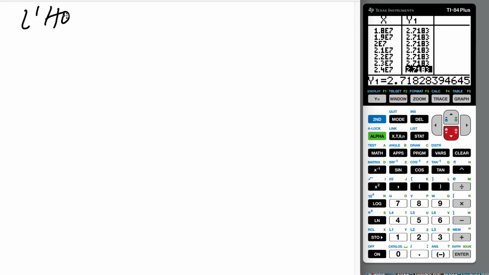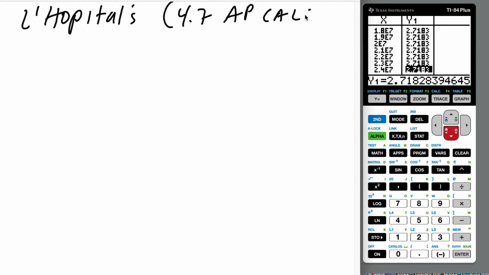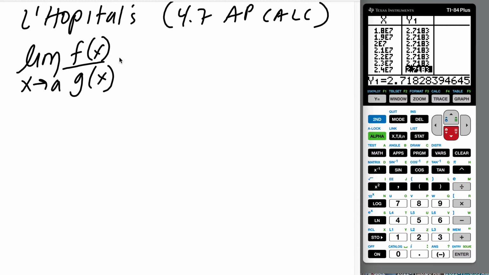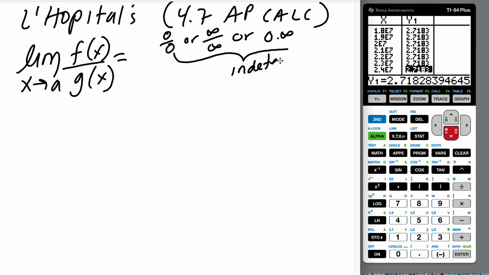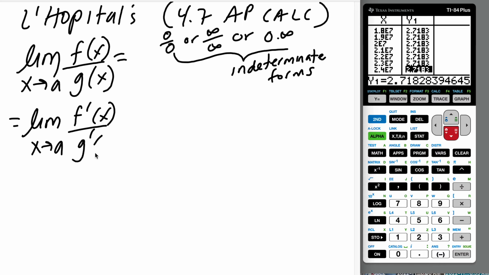There's a thing called L'Hopital's rule that you're going to learn in 4.7 of AP Calc that basically says if we have a limit as x goes to some letter, could be a, could be infinity, could be anything, and it's what's called an indeterminate form, like 0 over 0 or infinity over infinity, or 0 times infinity, any of these indeterminate forms, then this is equal to what would happen if I took the same limit of the derivatives of those two functions. And again, if you're not in calculus, you're like, this is gibberish, Hogan, and that's fair. But we're going to use L'Hopital's.